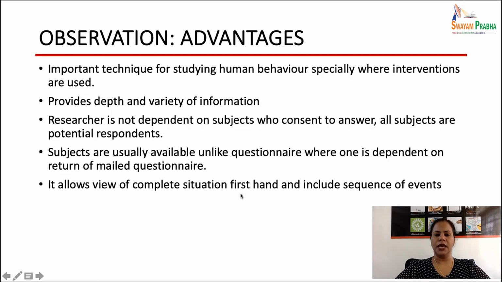We can document what happened first and then what happened second, so we can get information about what particular behavior can provoke another behavior, and the sequence of events. So we can get in-depth information about any phenomena through this.